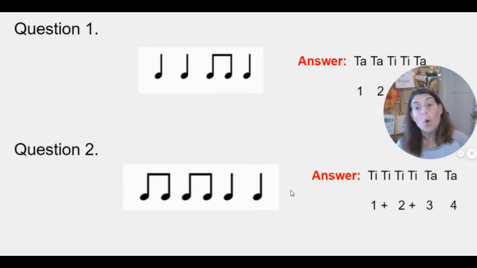Awesome. Or, this one's tricky. If you counted it, 1 and 2 and 3, 4, or with the music goes 1 and 2 and 3, 4, you get a point. 1 point. Either way, good job. If you clapped it, awesome. That's 2 points. Woo, woo, woo. Awesome. All right, let's move on, shall we?